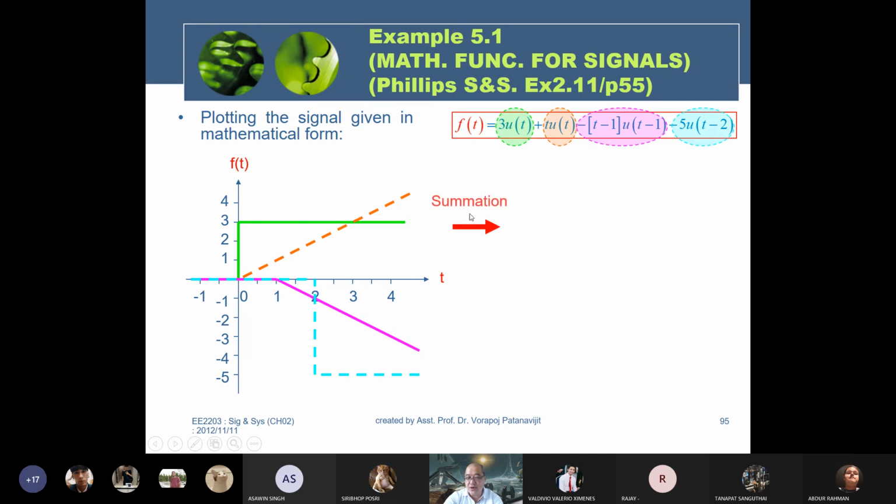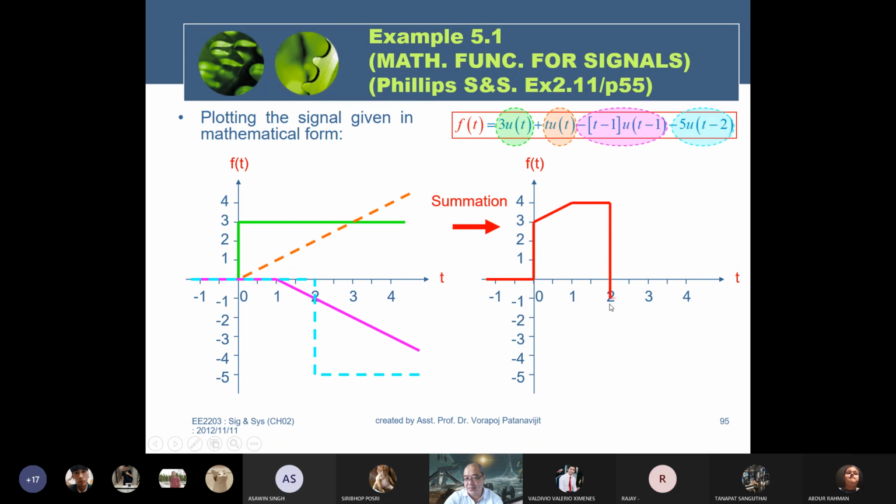When you add, you add each piece of the graph. You separate the graph into each zone. The first one is 0. You know why it's 0. The second one becomes 3 and 4. The next one is a straight line between 4 and 4. And the last one drops to minus 1. You will know where the red graph came from.